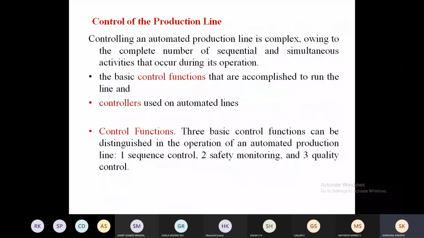In between them we will be providing some kind of conveyors, such as chain conveyors, belt conveyors, leather conveyors, or roller conveyors. So many conveyors will be used, and these will be attached with work part holding devices, which will convey the part from one station to the other station.